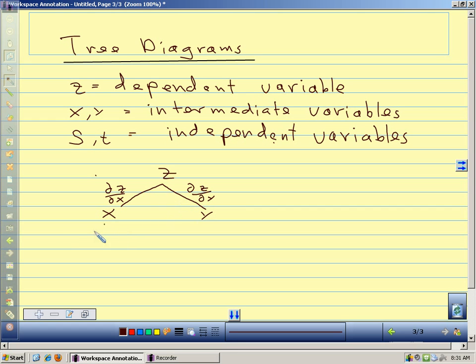And then our independent variables are s and t. So this is dx/ds, and this is dx/dt, and dy/ds, and dy/dt.